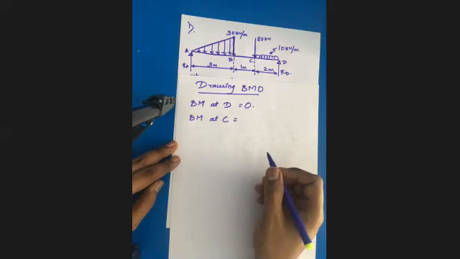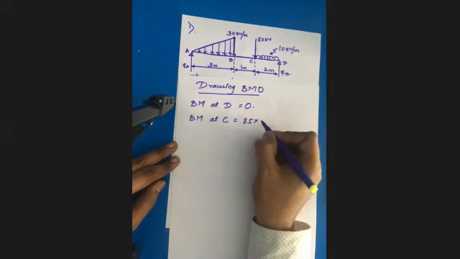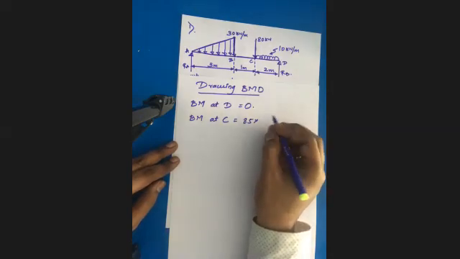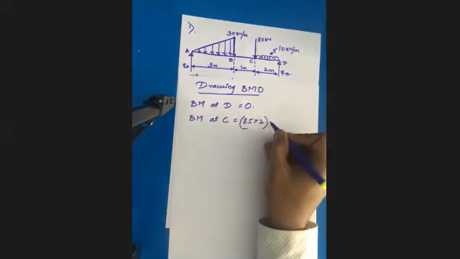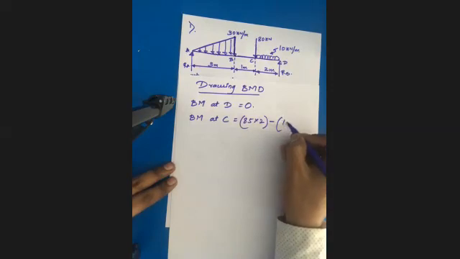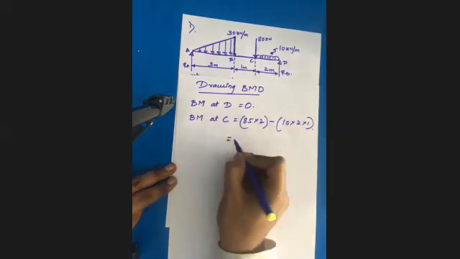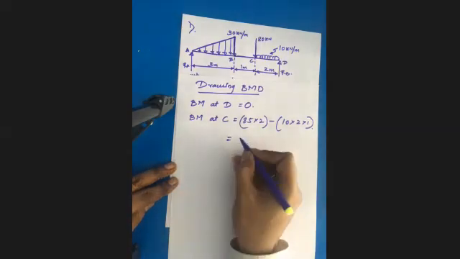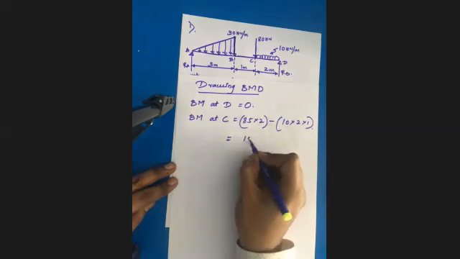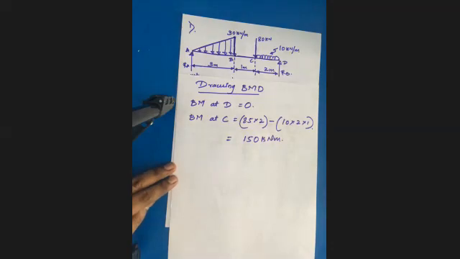So it'll be equal to 85 into 2 minus 10 into 2 into 1. So this will be equal to 150 kilonewton meter.